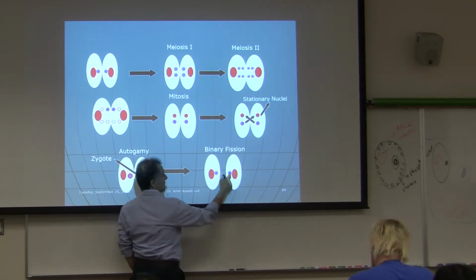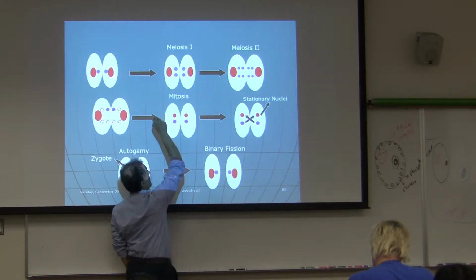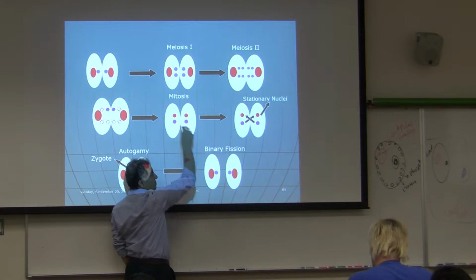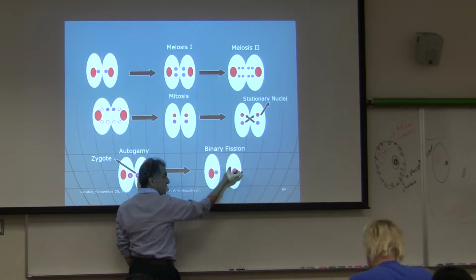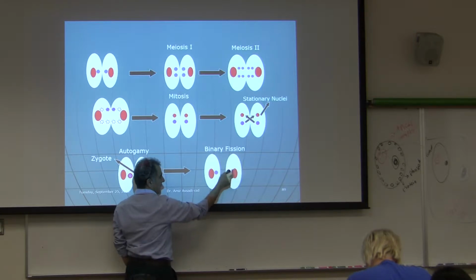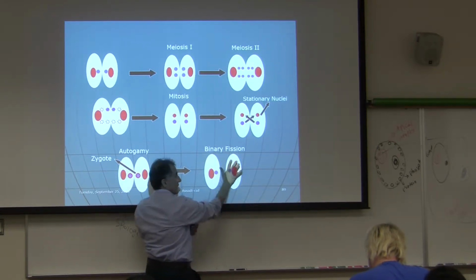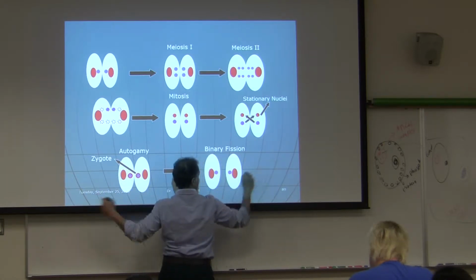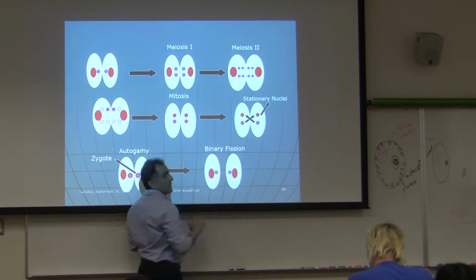Now the genetic material in the micronucleus is different from the parents. So they multiply by binary fission, which is mitosis, each one of these.